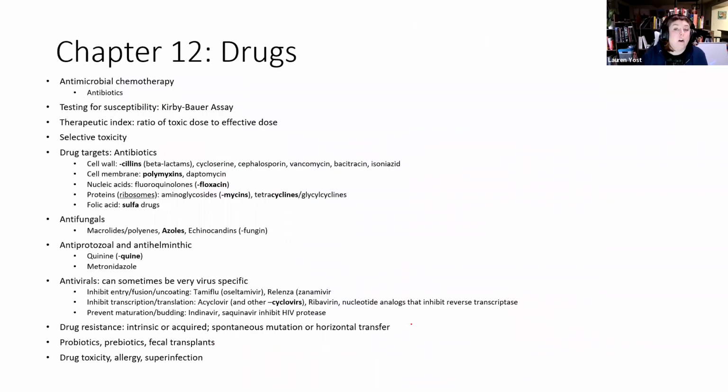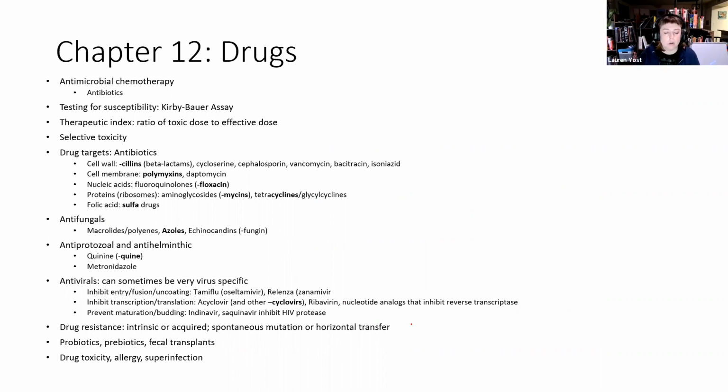So, all right, chapter 12, we talked about drugs used to control microbes. So remember, antimicrobial chemotherapy. Chemotherapy refers to anytime you're using a drug to treat a disease or even symptoms of a disease. So in this case, antimicrobial chemotherapy, we're talking about antibiotics and similar drugs like that, right?